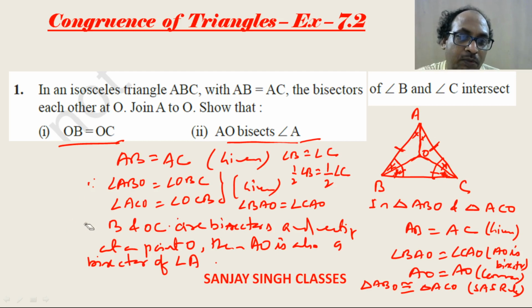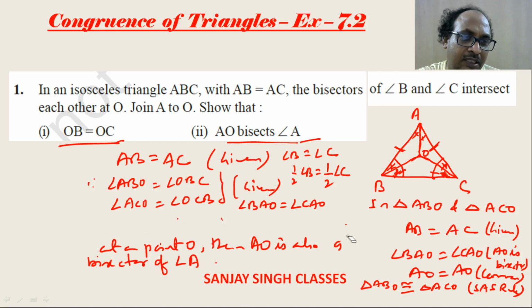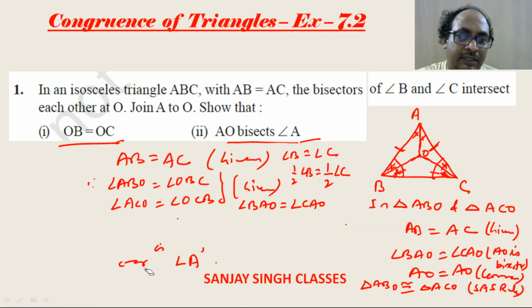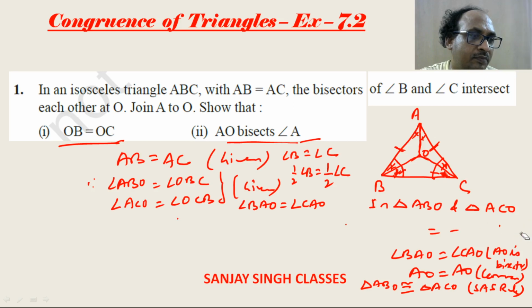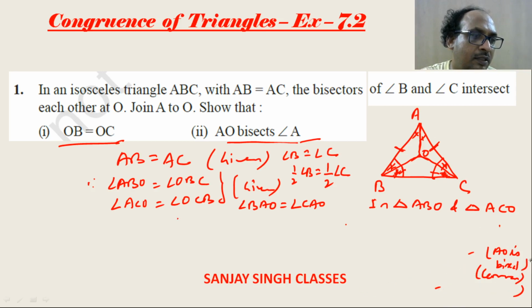So we will not prove it with the help of this concept, because already we need to prove. So let me erase these things, and we will use another theory. Okay, right. We'll use another one.